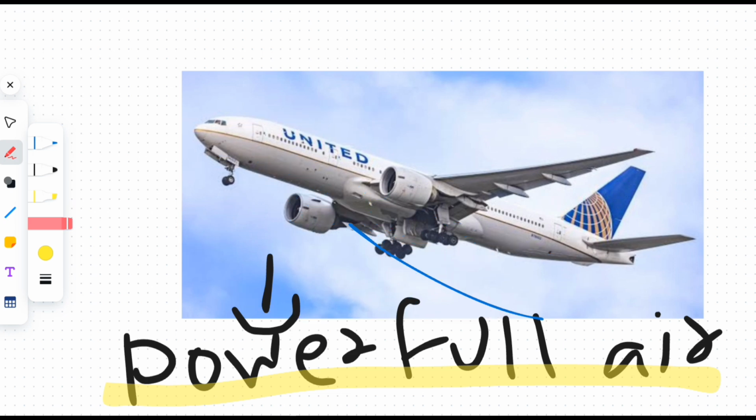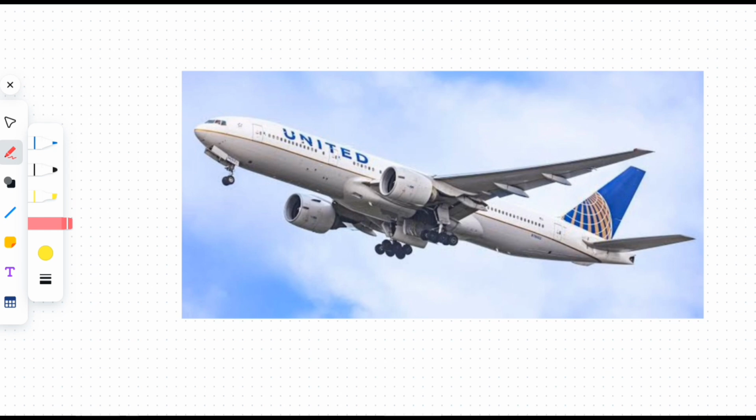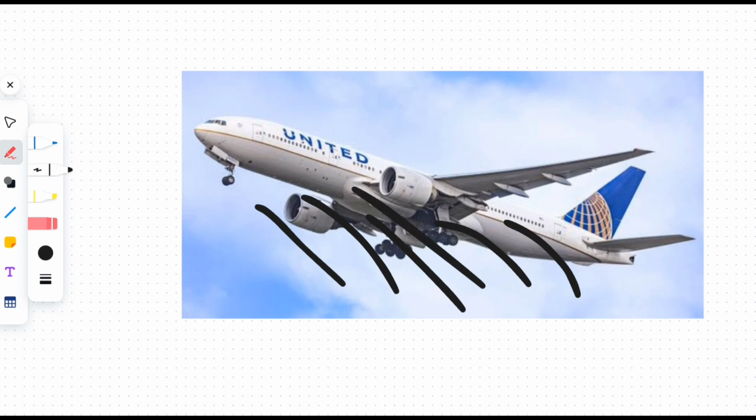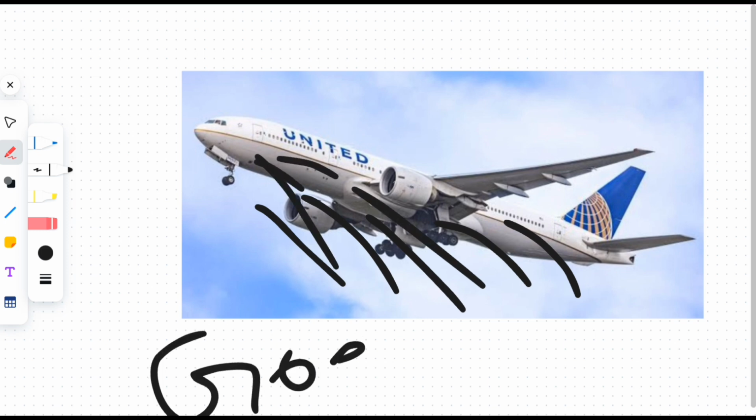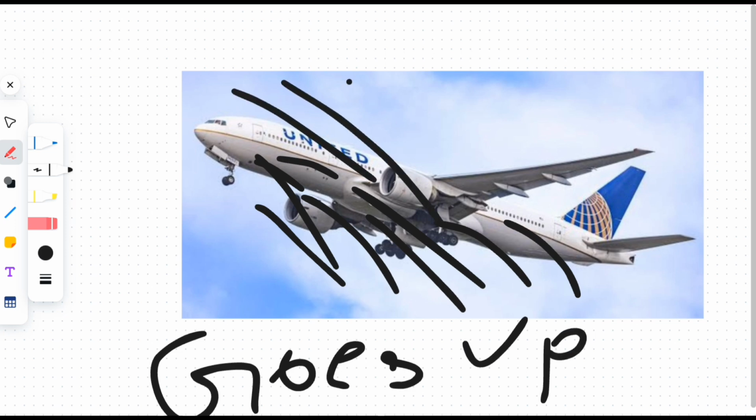So now we will be talking about how it goes up. Wait, let me generate another scene. So this is the centrifugal force of it. As I've told you, this is how it goes up.